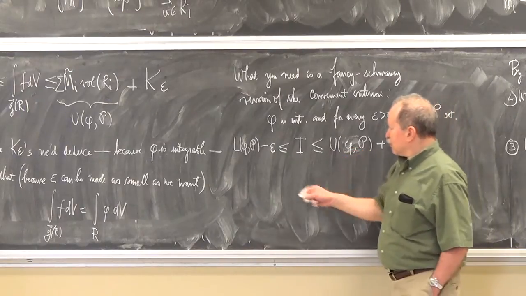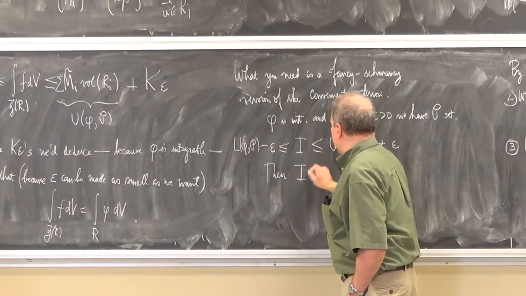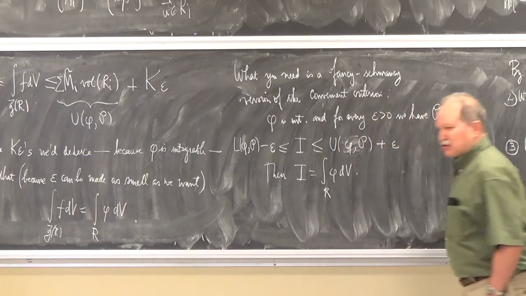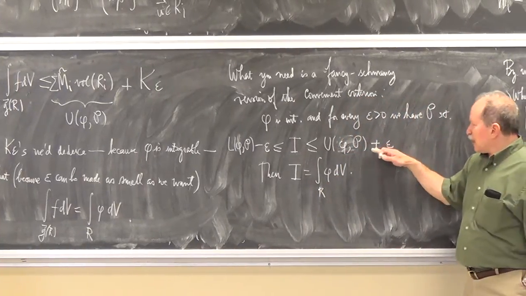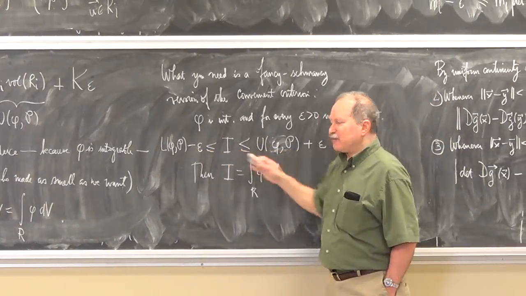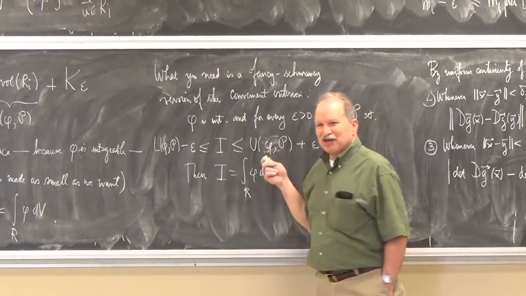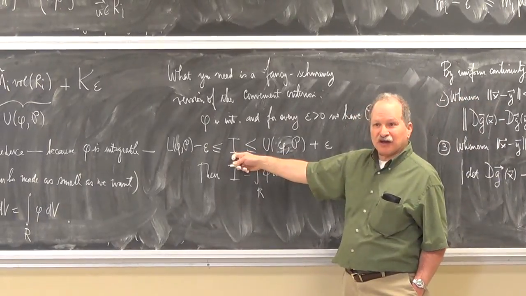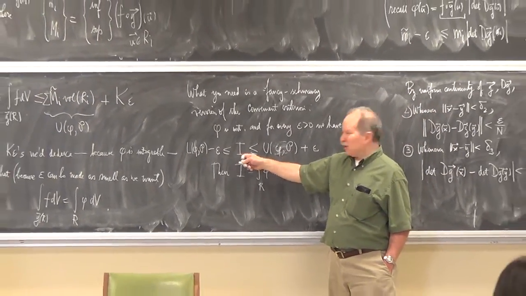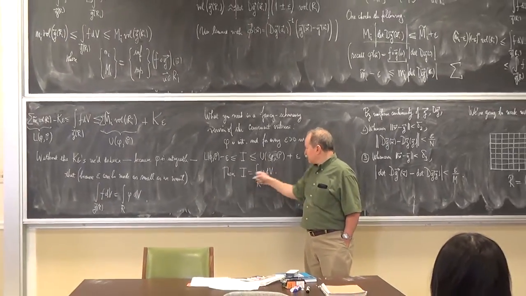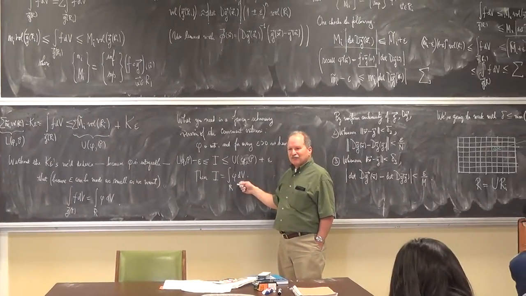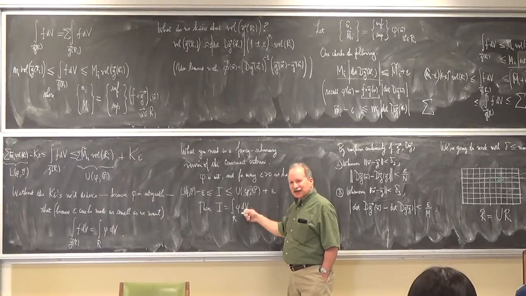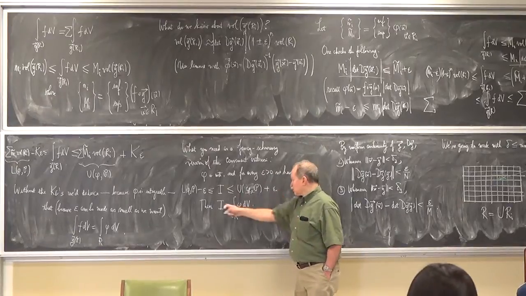Then what you want to say is that I has to be the integral of phi. And it's true even if you allow yourself epsilon error between upper and lower sums, because you can make epsilon as small as you want, this number has to actually be the integral on the nose. Because if it differed from the integral by 0.03, by choosing epsilon small enough, you could contradict this.